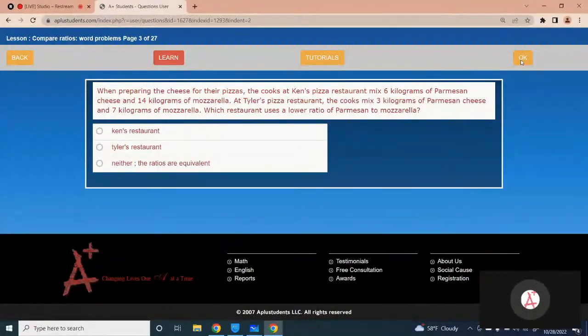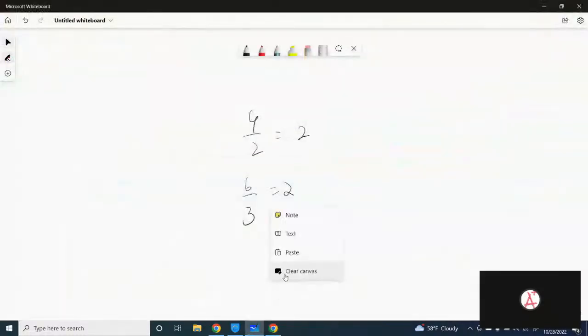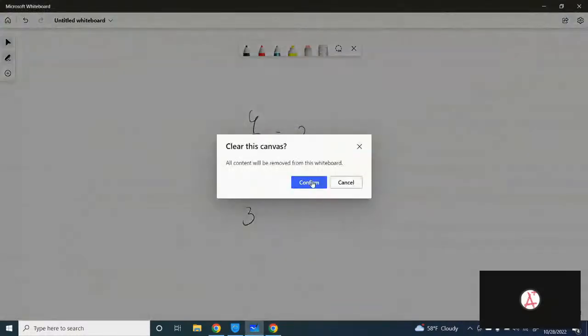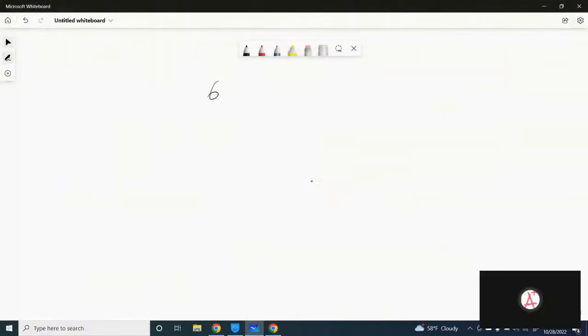So the fractions are 6 by 14 and 3 over 7. So 6 by 14 is 0.428. Just simply divide 6 by 14 using the calculator.